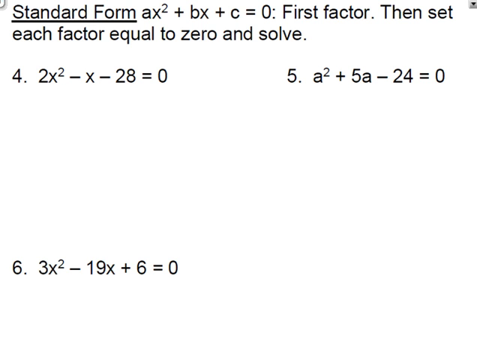Looking at our next examples here, these we're going to have to go through and factor first. So looking at number 4, the first thing I'm going to do is multiply 2 times 28. And in doing so, I now have x squared minus x minus 56.